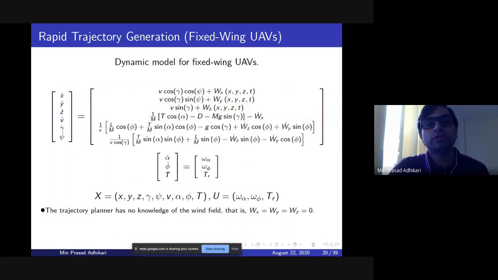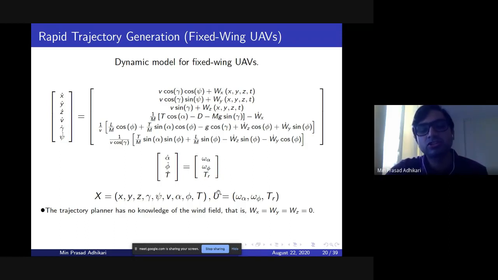For those of you who are interested, you can definitely dive into it. This is a point mass model of a fixed wing UAV, considering thrust, drag, and lift. This is the XYZ position in 3D space, the velocity, the flight path angle, and the heading angle.